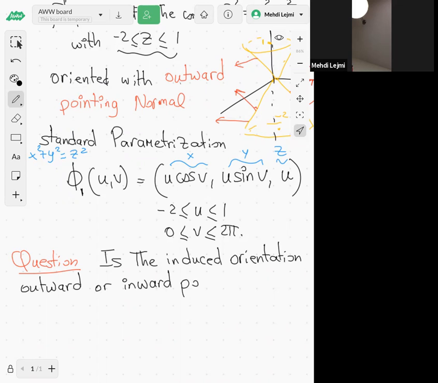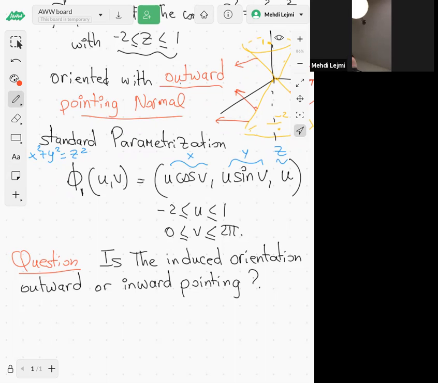If it's inward, then you need to fix it, because the orientation required in this problem is the outward pointing normal.